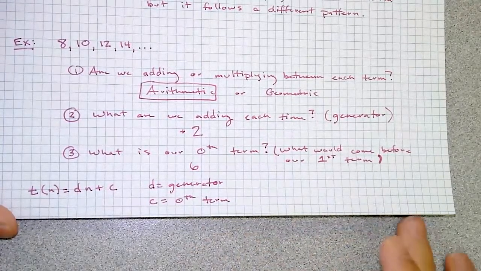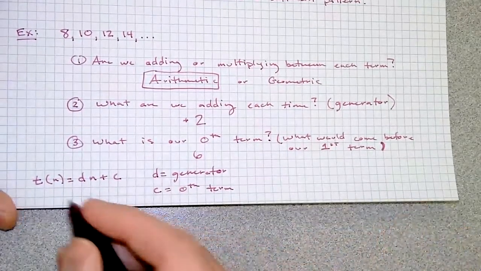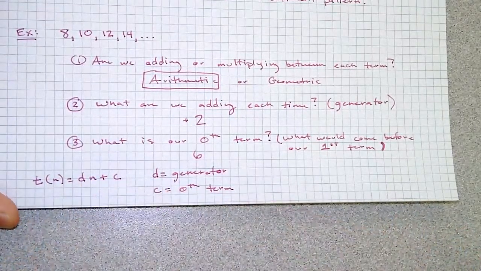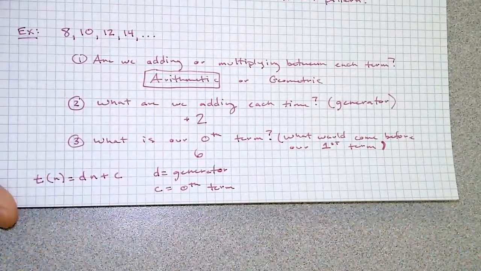So for an arithmetic sequence, we use this equation, T of n equals dn plus c, where d is our generator and c is our 0th term.